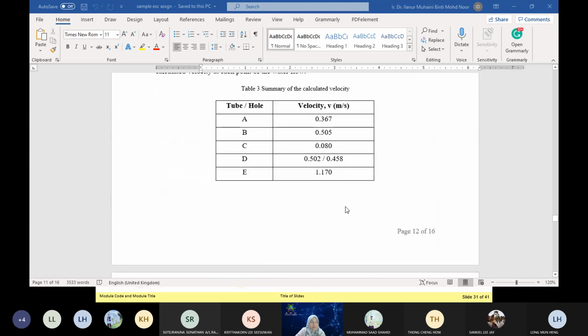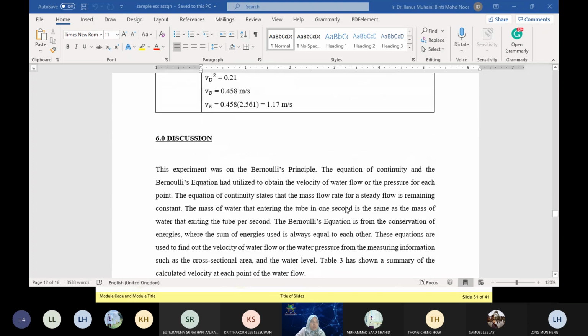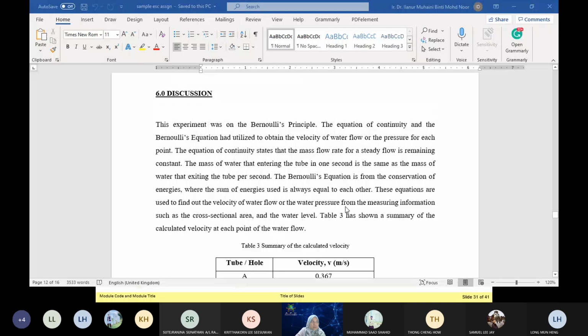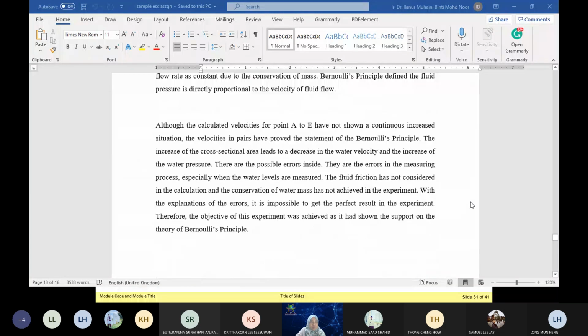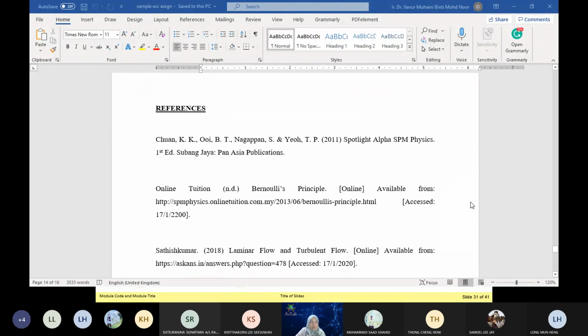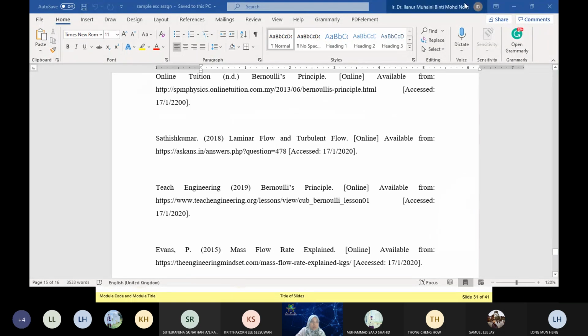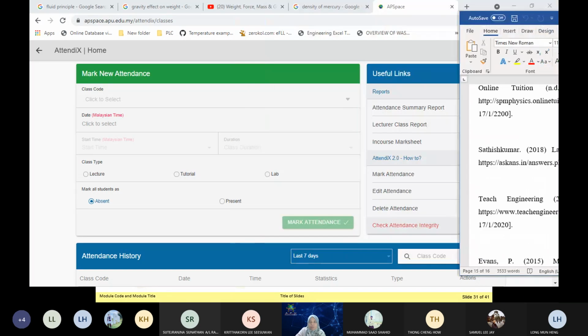Okay. After that, discussion. Experiment was on Bernoulli. You haven't entered yet Bernoulli. Okay, you only until Archimedes. Also haven't finished calculation. That is the sample, then the reference. Okay.